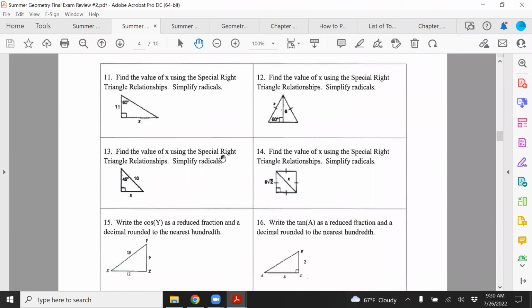These next 4 are going to deal with the 30, 60, 90 ratios. So special right triangles, that's the other topic.